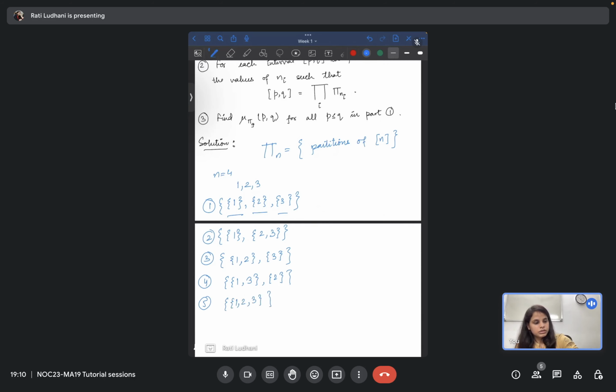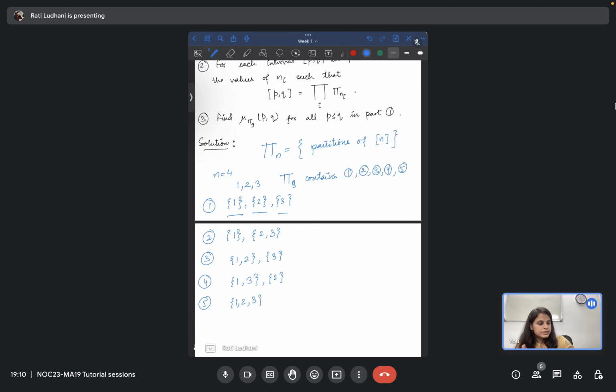I should not write the set outside. So these are the elements of this partition. So Pi 3 contains these 5 elements.